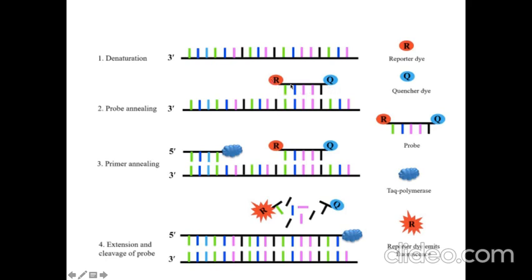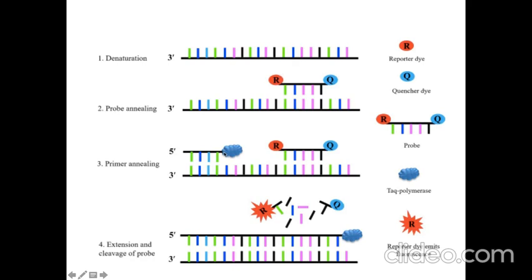The probe on one end contains the reporter dye, whose glow indicates the presence of the particular target DNA, while on the other end it has the quencher, which controls the fluorescence of this fluorescent dye. So as long as the probe is intact, the quencher controls the fluorescence of the reporter dye.